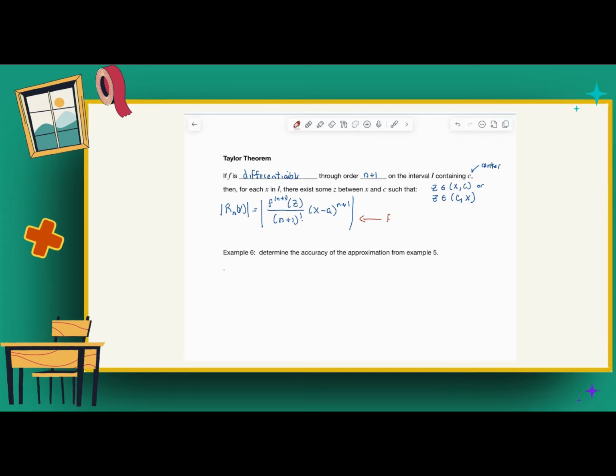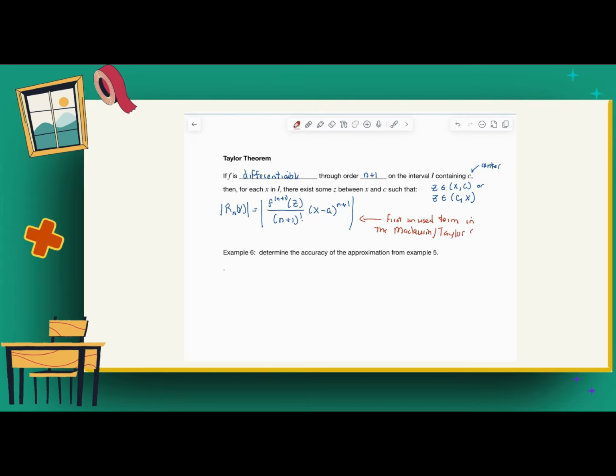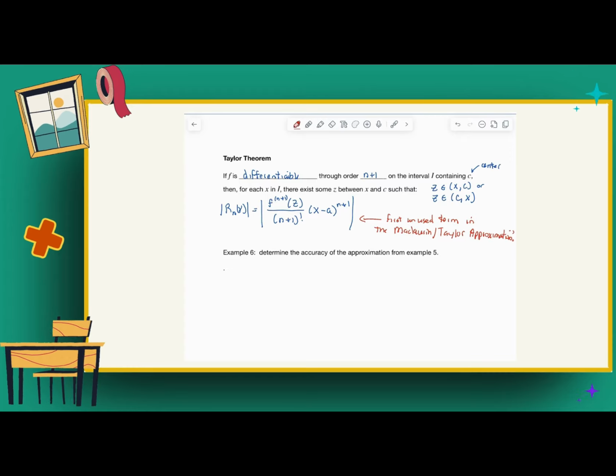So notice this is the first unused term in our Taylor polynomial, evaluated at z, where z is some number in between x and our center.